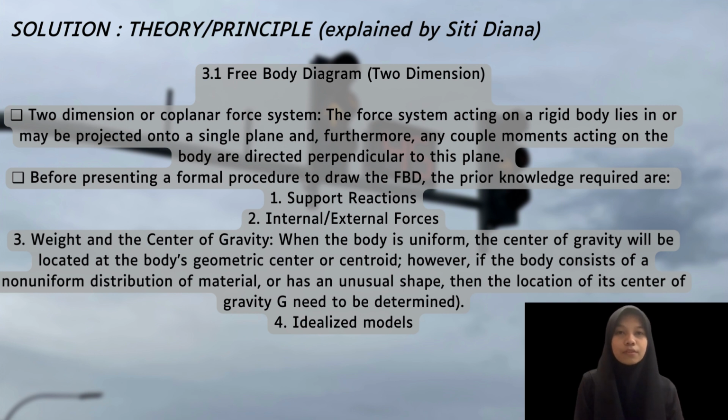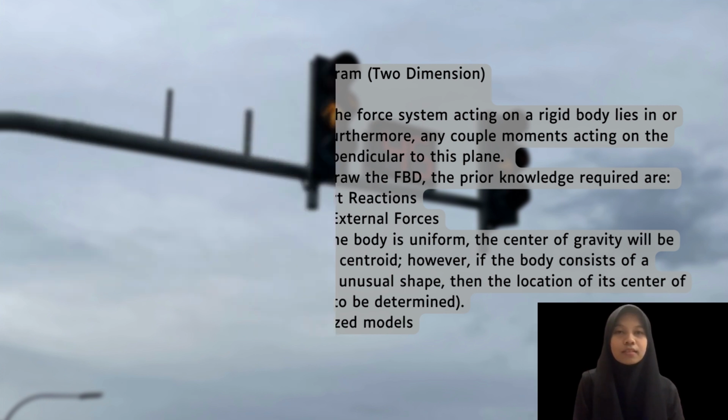When the body is uniform, the center of gravity will be located at the body's geometric center or centroid. However, if the body consists of a non-uniform distribution of material or has an unusual shape, then the location of center of gravity G needs to be determined. And lastly, idealized models.